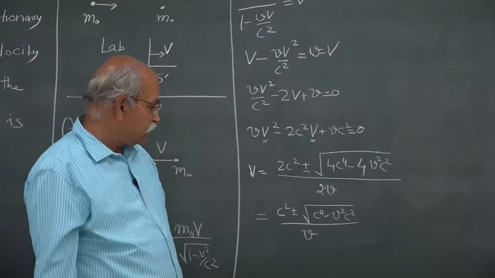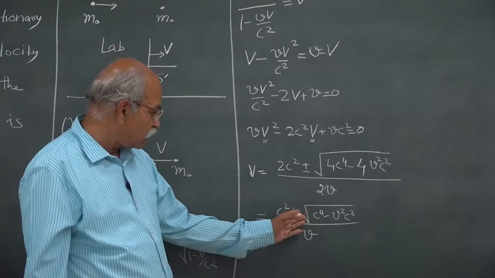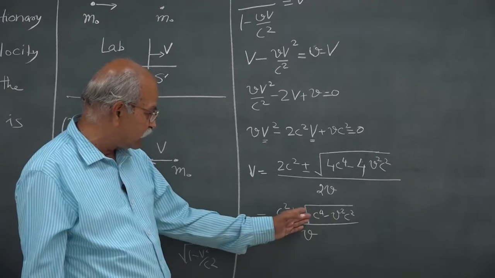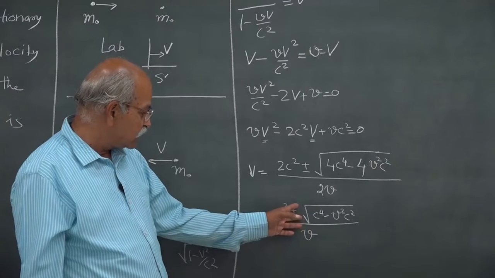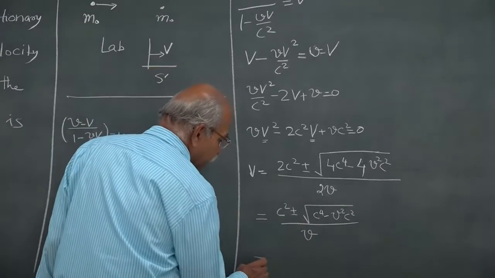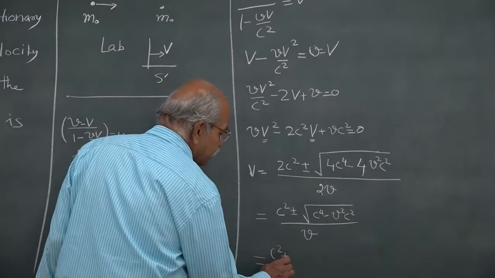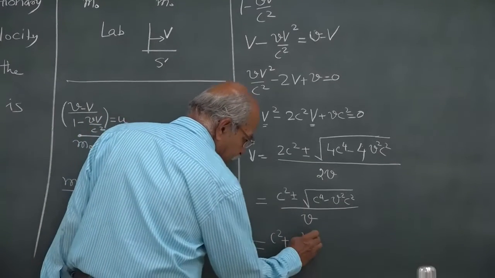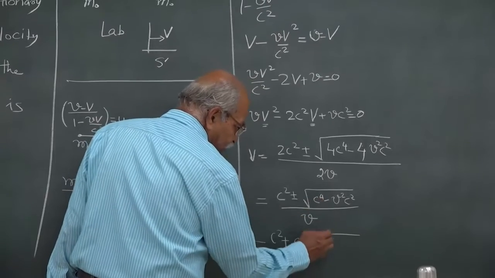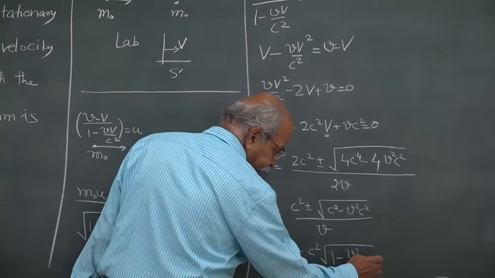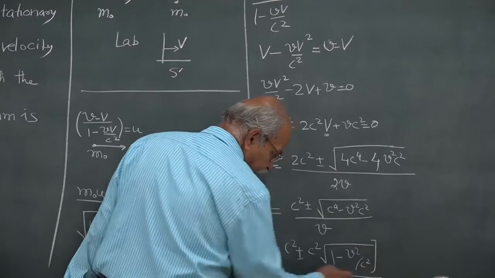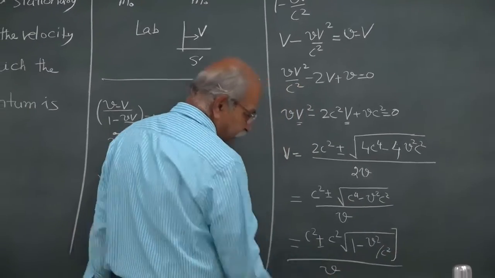So, if you take c4 common here, square root of c4 you take here, so this is c square. So, this is equal to c square and then plus and minus c square here and then square root of 1 minus v square by c square, and this whole thing divided by v.